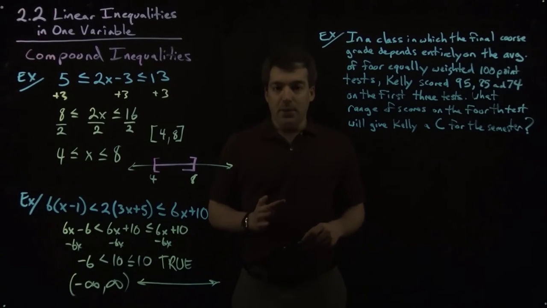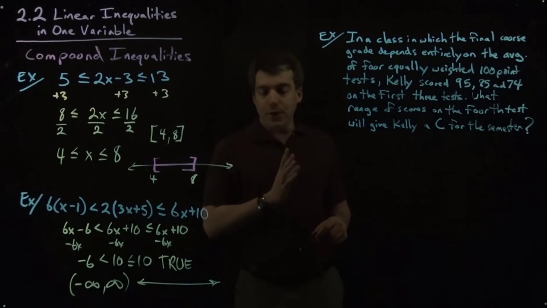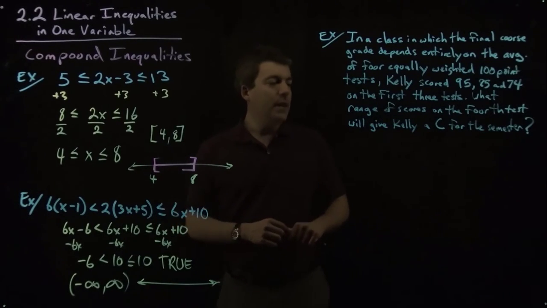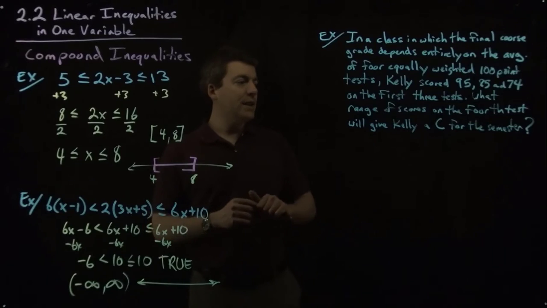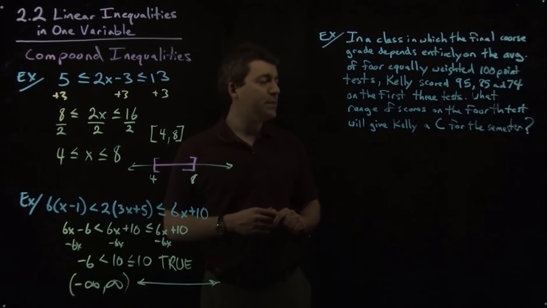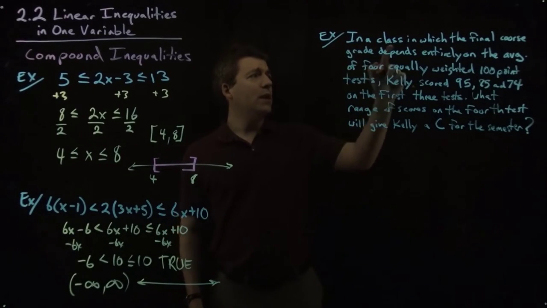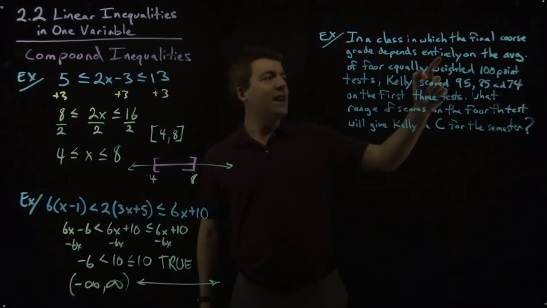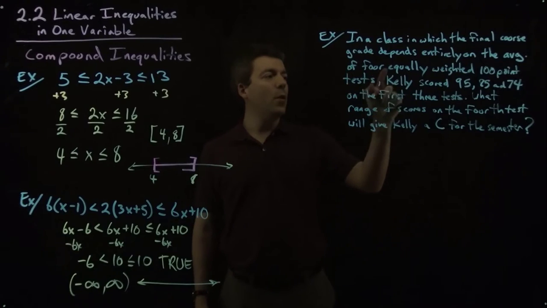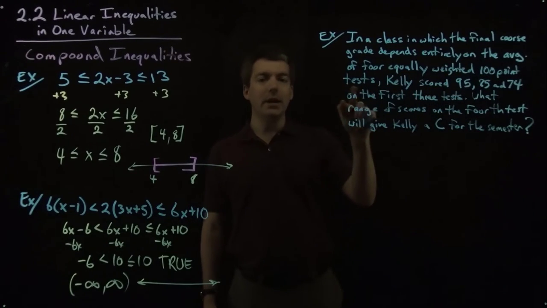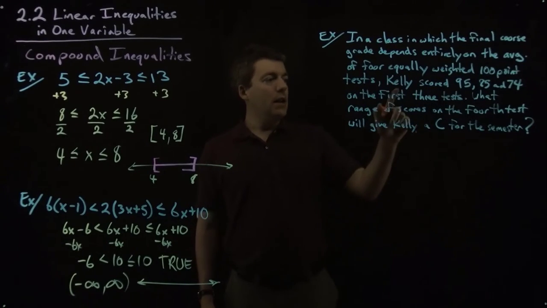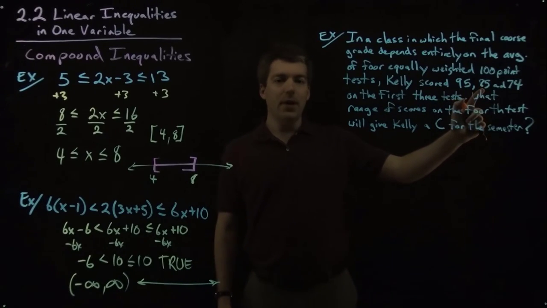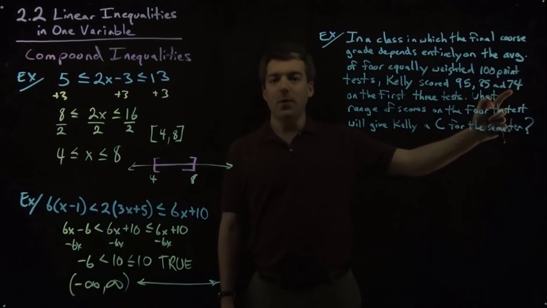Let's look at another example, an application of using inequalities. Here we're going to calculate what the student needs on her next test to pass the course. Okay, so in a class in which the final course grade depends entirely on the average of 4 equally weighted 100-point tests, Kelly scored a 95 on the first test, 85 on the second, and 74 on the third.